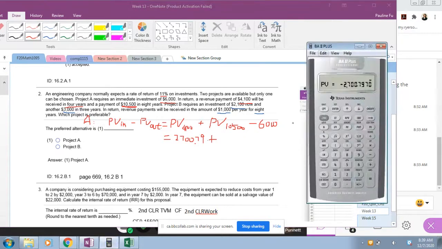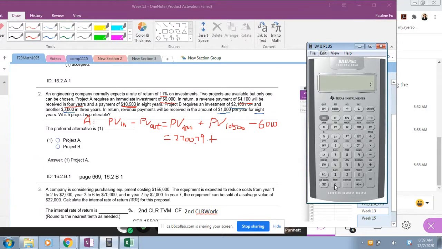Then calculate the present value for 10,500. Use the calculator. Second equation. This is 8 years, so 8 is N, 11 is interest, 0 is PMT.